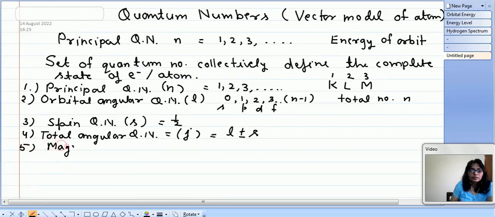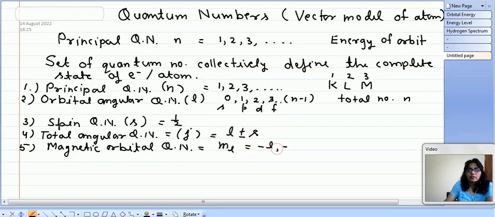And then fifth is the magnetic orbital quantum number. Magnetic orbital quantum number means ml. So ml can take values from minus l, then minus l plus 1, with a difference of 1, then there will be 0, and then there will be plus l minus 1, and then there will be value l.